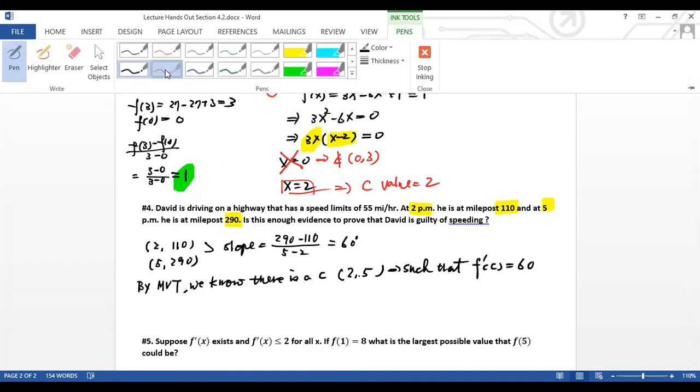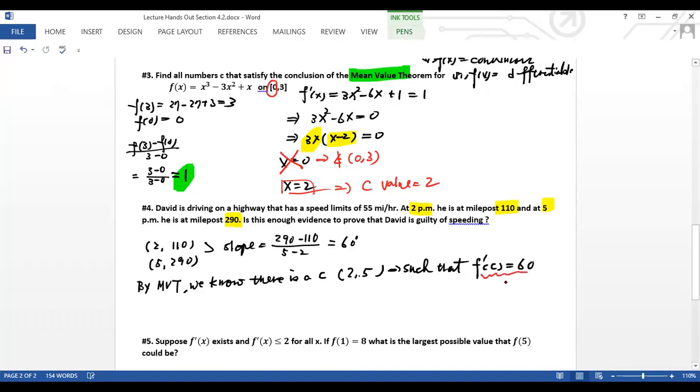So at that moment c, the speed is 60. That's why we know he is guilty of speeding.